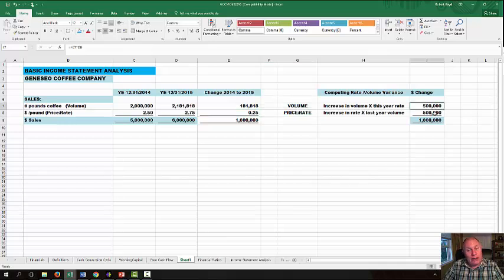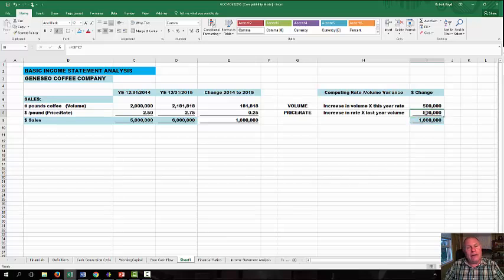Now, sometimes it may not come out totally equal, and then you just prorata the change. But this is a very simple example, where we can say that there was a $1 million increase in sales for Geneseo Coffee Company, attributed 500,000 to selling 181,818 pounds more of coffee, as we added a new salesman who was very effective.